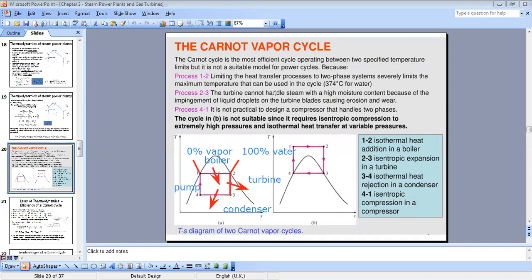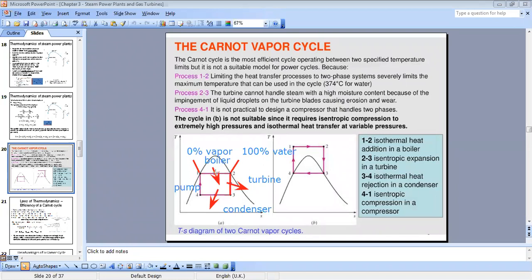Okay, so to summarize, the Carnot cycle is the most efficient cycle operating between two specific temperatures, but it's not suitable for the power cycles we want to deal with because first, in processes 1 and 2, we are limiting the heat transfer processes to two-phase systems, which limits the maximum temperature that can be used in the cycle.